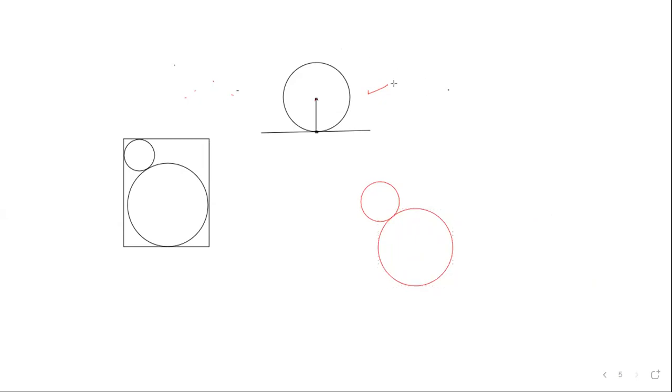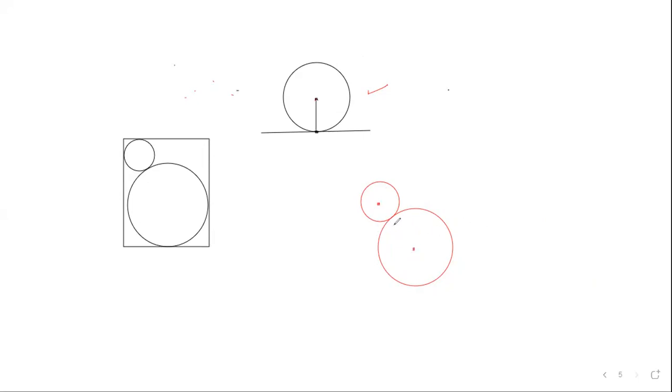Right, so when two circles touch each other, there are 3 points which play an important role in this diagram. And the 3 points are, can you tell me? The center of one circle is 1 point.